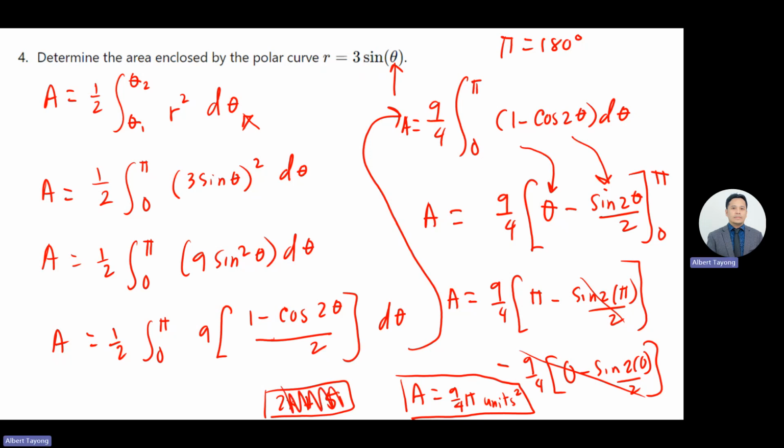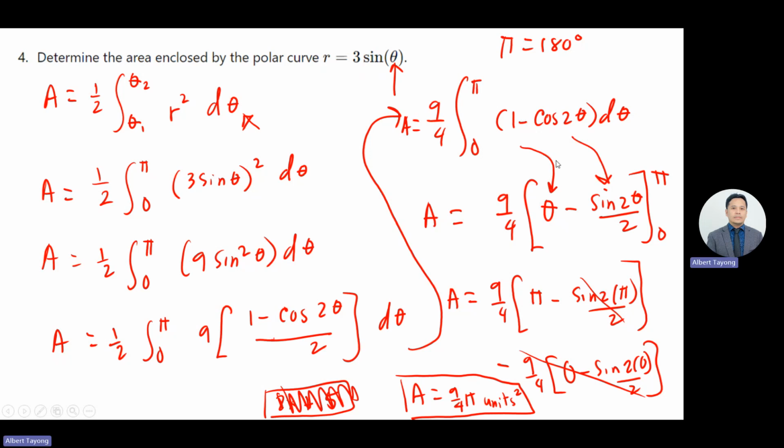So the next is to integrate. So we have 9 over 4 here outside because this is 9 over 2 times 1/2, and we put it outside. And the remaining is only 1 minus cosine 2 theta.